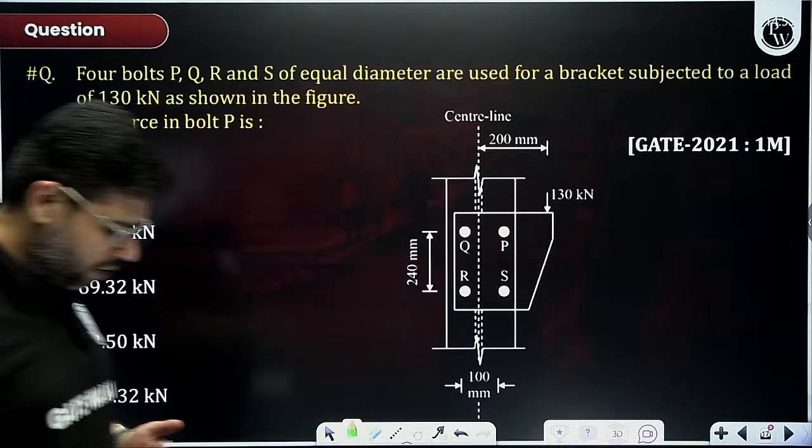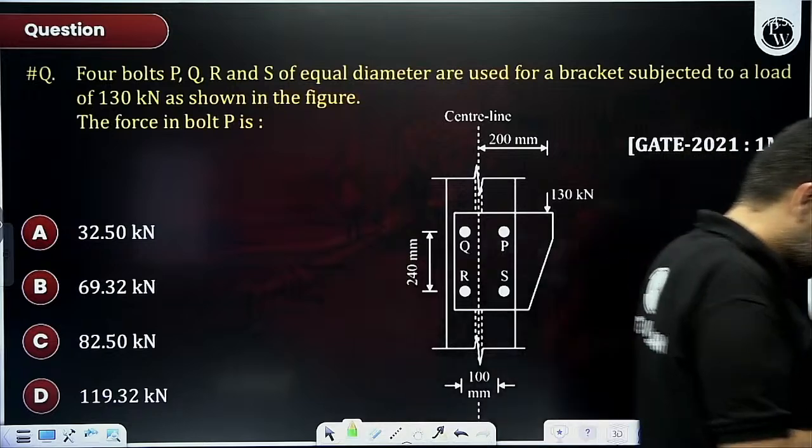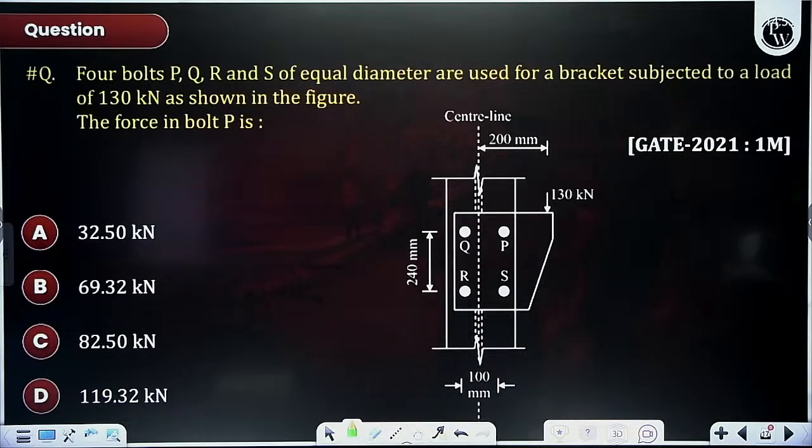Have you all solved? Let's see then. Very simple question.